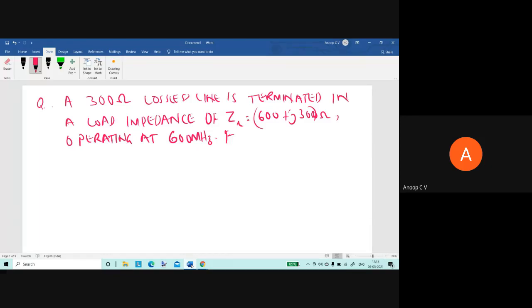So the question is: find the standing wave ratio. That is the first question.